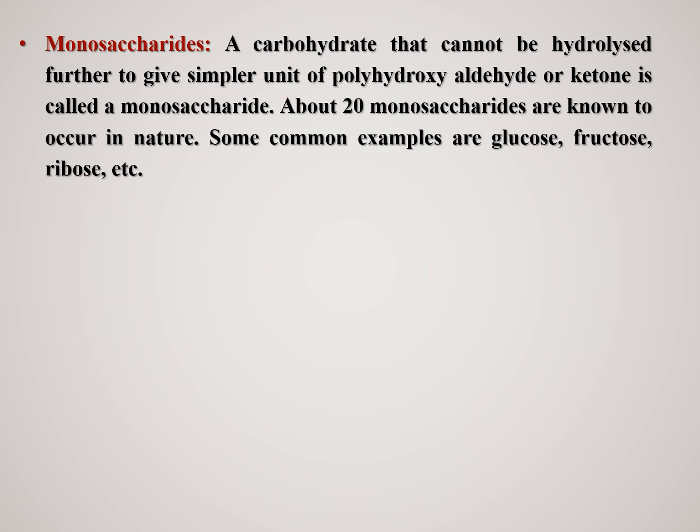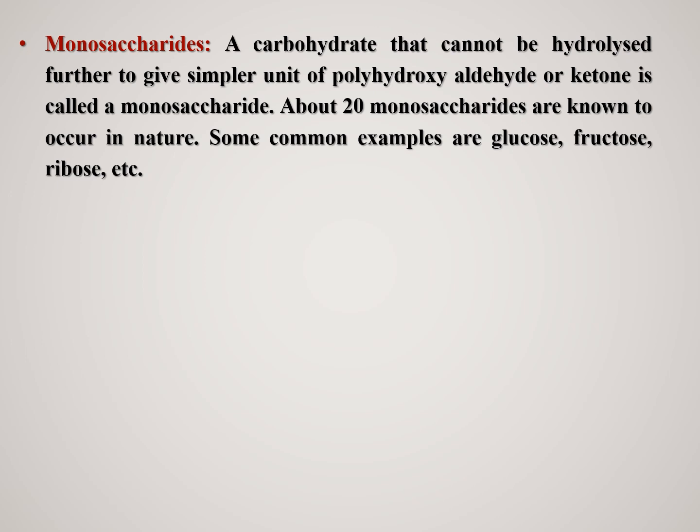Monosaccharides. These are the carbohydrates which cannot be further hydrolyzed to give simpler compounds, and they are therefore called monosaccharides. We are aware of the existence of about 20 monosaccharides in nature.